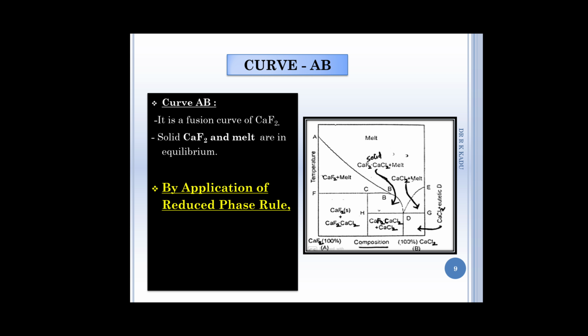Now application of the reduced phase rule. We know the reduced phase rule formula, that is F = C - P + 1.